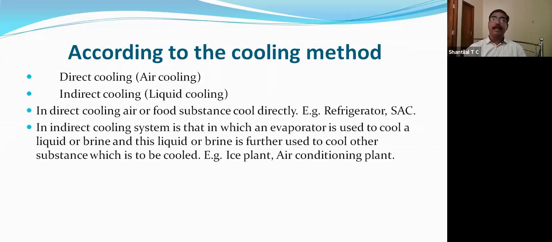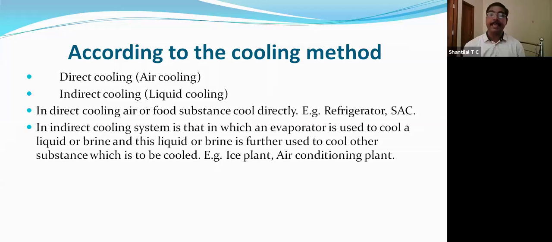Indirect cooling means, for example, an ice plant. In an ice plant, the evaporator coil will be there, then a brine solution. First, the evaporator coil absorbs heat from the brine solution, so the brine solution is cooled. Then this brine solution cools the water for making ice. So there is a medium between the substance and the evaporator coil.